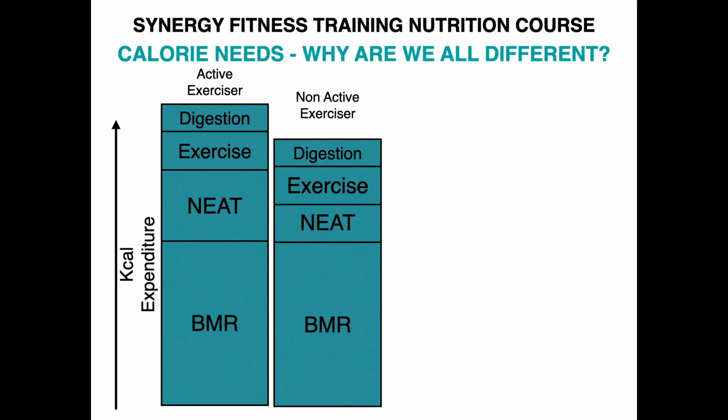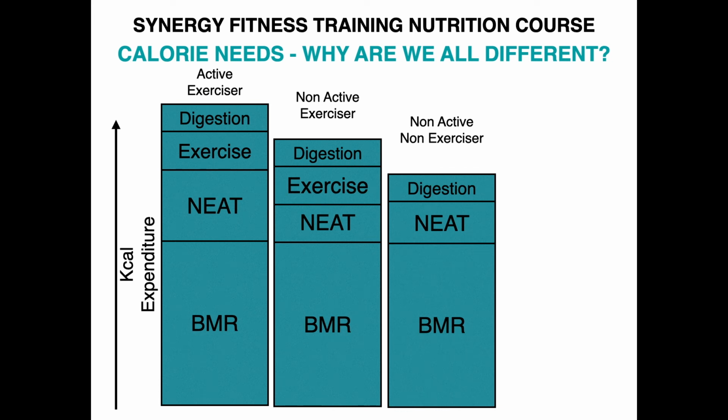But let's compare this first block to a non-active exerciser, a common one I'd say. This is someone who exercises just as much as person 1, but they aren't getting the same results. And as you can see here, this is largely due to person 2's lower levels of NEAT, and definitely not anything to do with having a slower metabolism that you sometimes hear being bandied around.